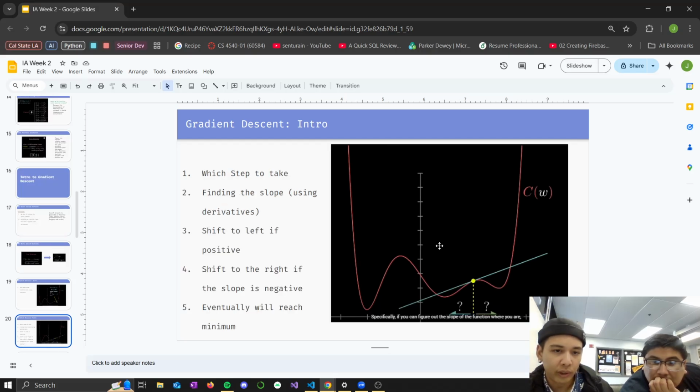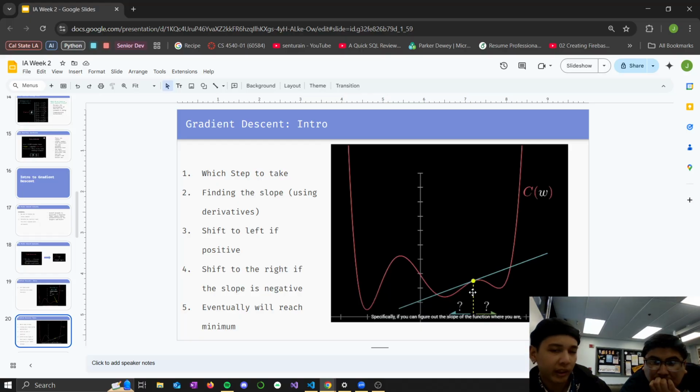So what we do is take steps to find a local minimum, because finding a global minimum is complicated. We take some arbitrary point where we start off, and then we find the slope. You take the derivative where you're at, and depending on whether it's negative or positive, we shift left or right.